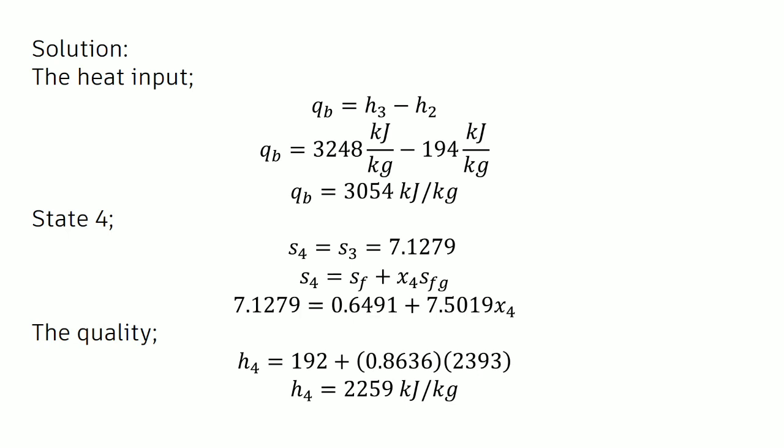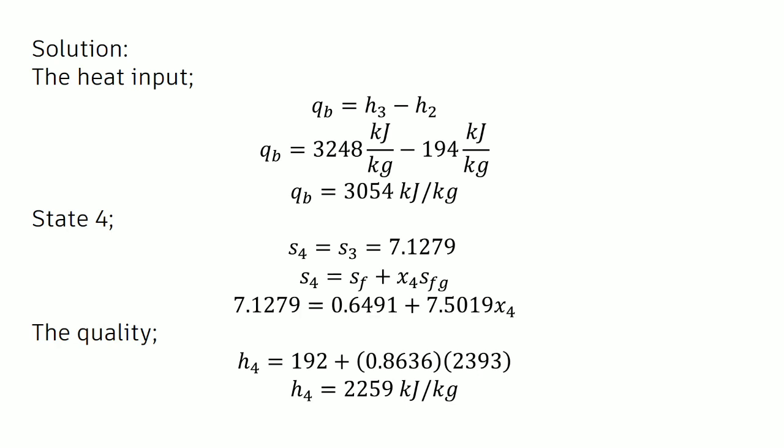Solving for our entropy at state 4, we have the final specific entropy plus our quality x at state 4 times the difference between the saturated liquid and vapor of our specific entropy.